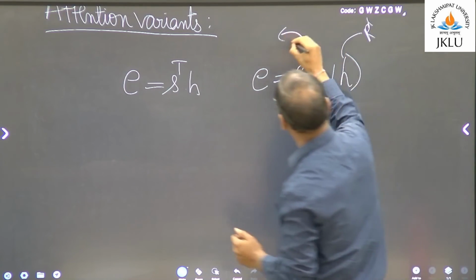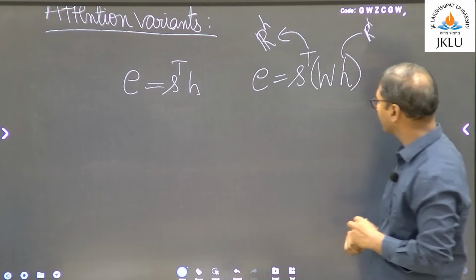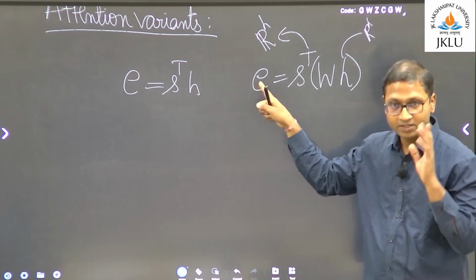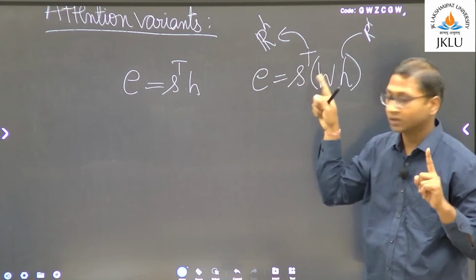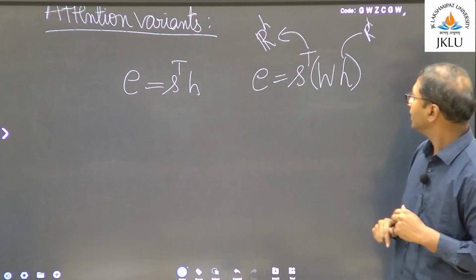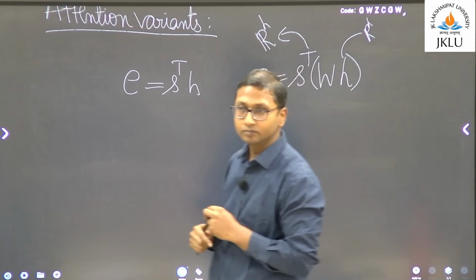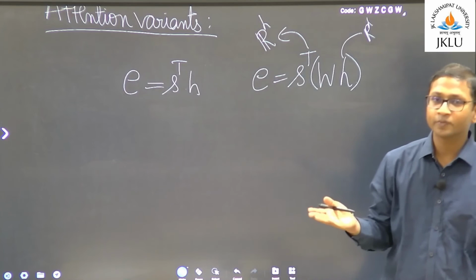This guy is in R^H. What about this guy? This is a scalar. We are talking about just one entity right now, the dot product, right? So this is a scalar. What should W be?